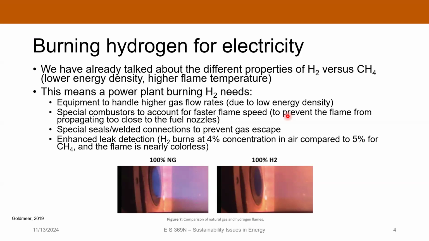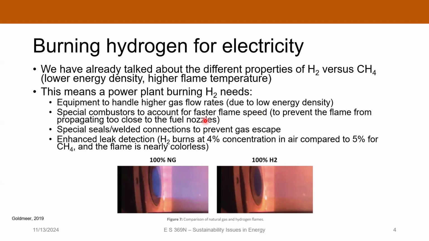So the flame is not able to back propagate into the pipe. You'll have to design that differently for hydrogen because the flame speed with hydrogen is faster. You can do that, it just takes a different nozzle size.